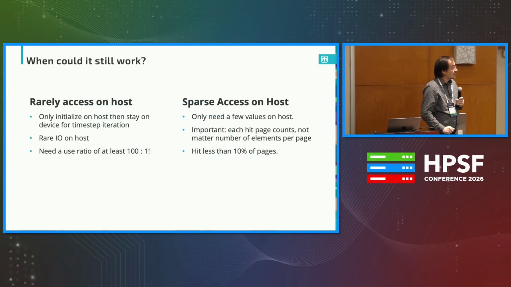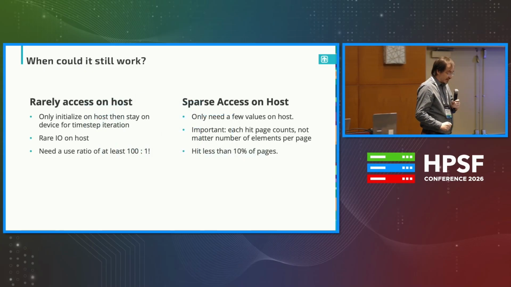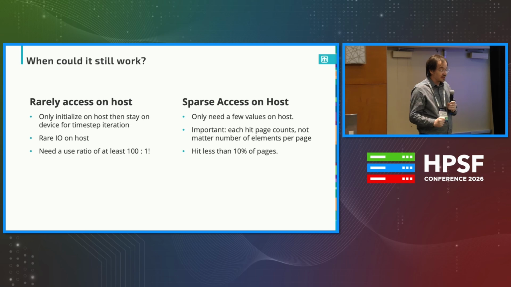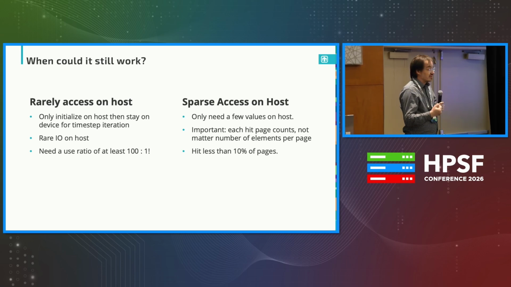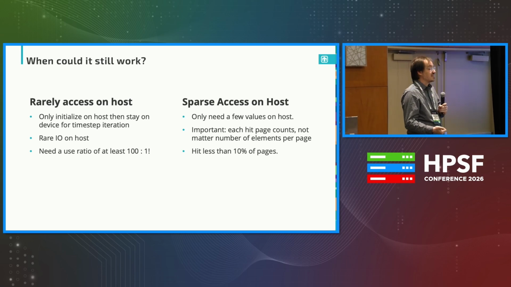Now, when can this still be working, unified memory for you? If you rarely access it on the host, right? Say you only initialize the data on the host, you load something in from a file system, then you access it on the GPU, and now you run a 2 hours long simulation on the GPU before you dump something out again, right? Perfectly fine.